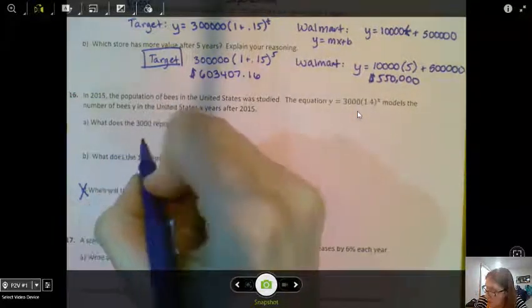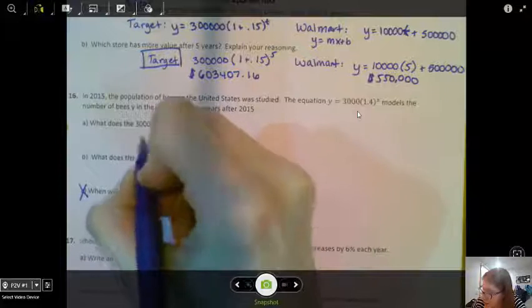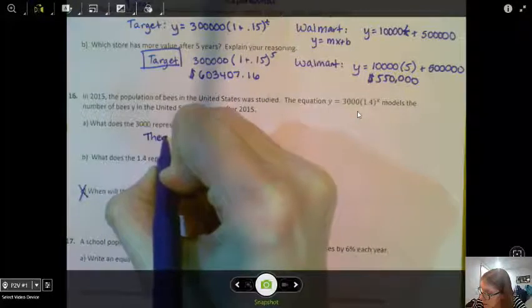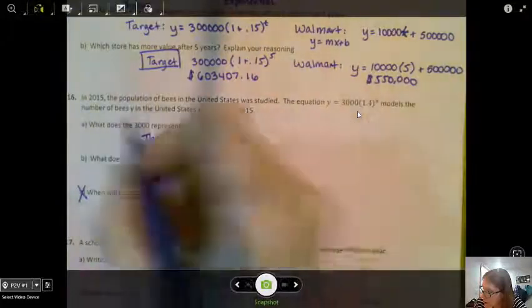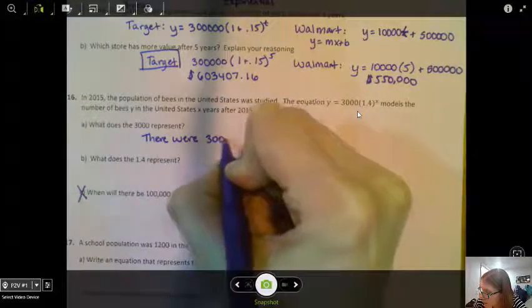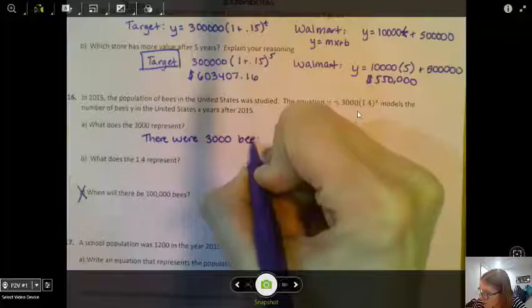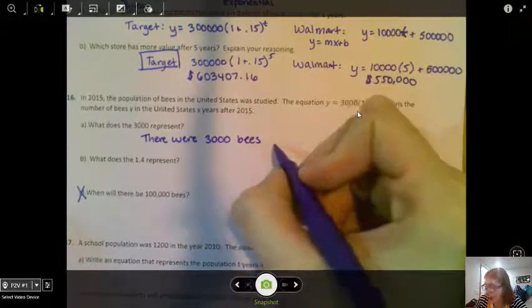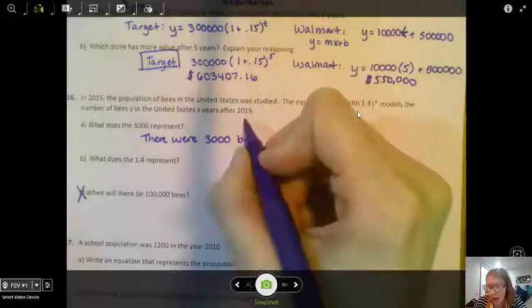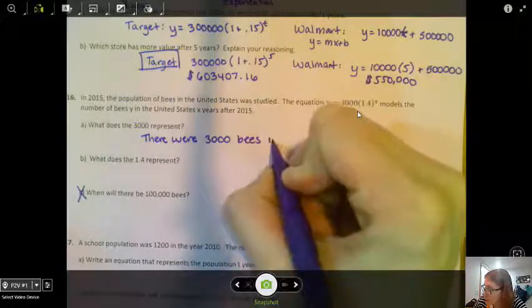That's your y-intercept. The y-intercept in this case means that's our start value for the number of bees. There were 3,000 bees when we started. Well, when did we start? In 2015.